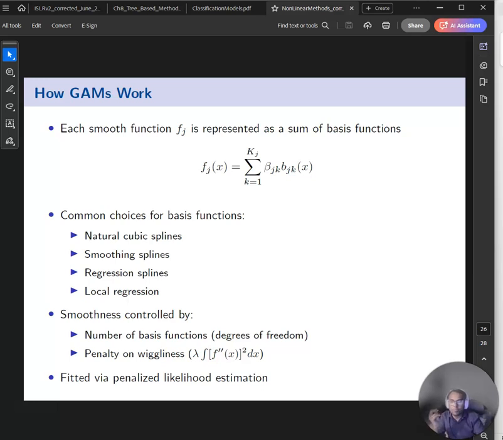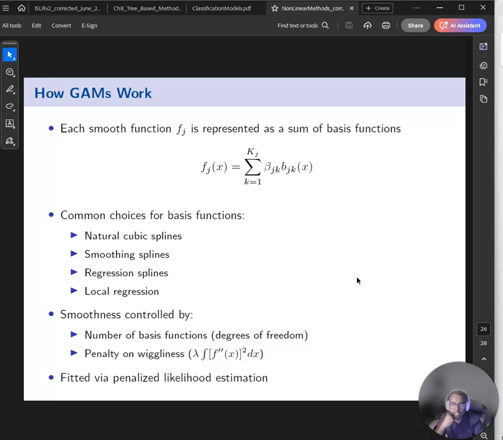So the way GAM works is that it is basically a sum of basis functions. Here the b_jk are the basis functions, and what I mean by that is predefined functions that can be combined to create flexible curves, and the beta jk's are coefficients estimated from the data. There are several common choices for these basis functions.